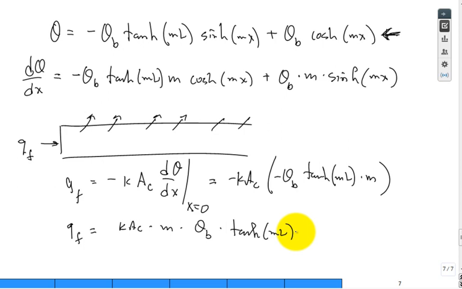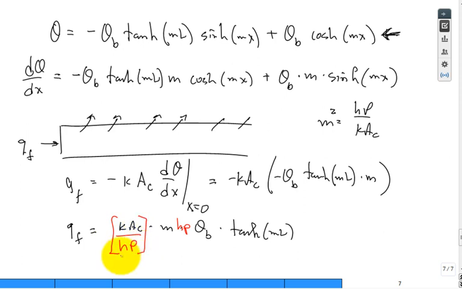Okay. What was m again? I forgot. M squared is hP divided by k A sub c. Thank you. That's it. So if I do this, if I put an hP there and an hP there, then what is this one?